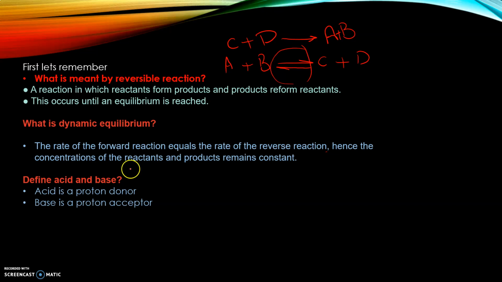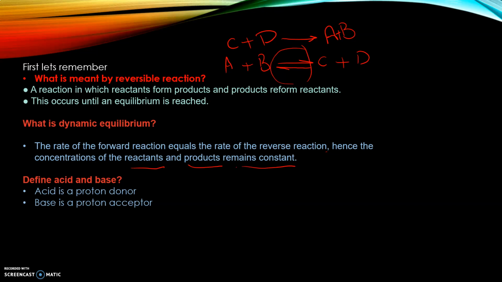The concentrations of reactants and products remain constant, because 1 mole of A and 1 mole of B give 1 mole of C and 1 mole of D, and at the same time, it's reversed: 1 mole of D plus 1 mole of C gives 1 mole of B and 1 mole of A. So the concentrations of the products and the reactants do not change.